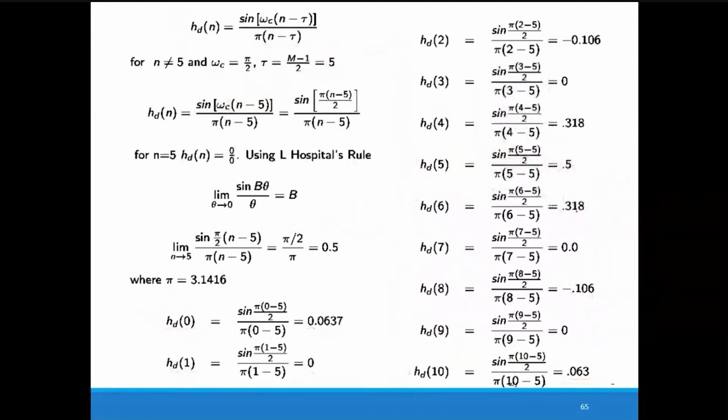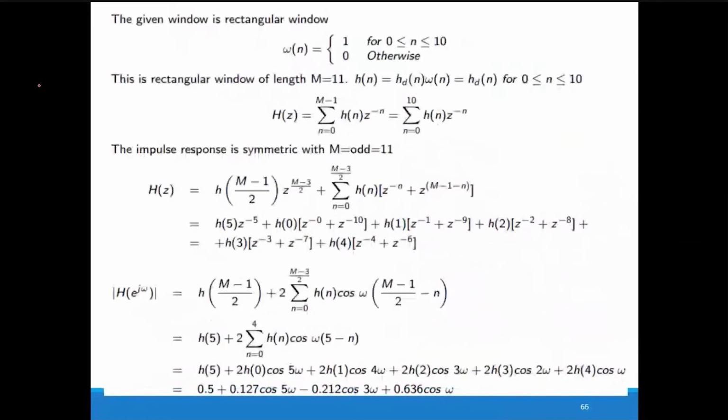So this is how we can obtain h(0) to h(10). Second, as our windowing function is rectangular over here, w(n) is equal to 1 for the values from 0 to 10 that we have mentioned, and 0 for the rest of the values. Now we apply this function H(z), because we have to calculate the final magnitude response.